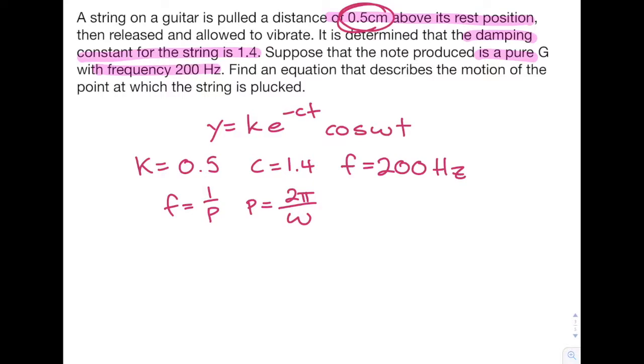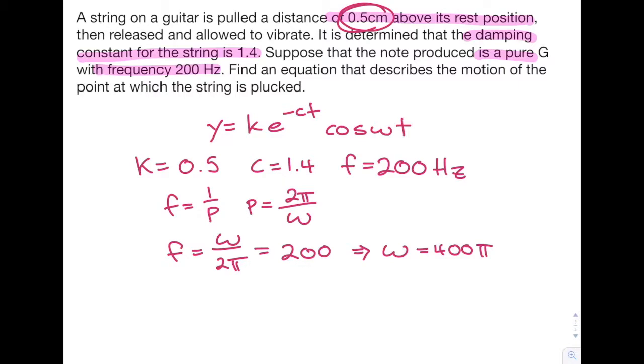So we can plug this into the f equals 1 over p equation, which would give us omega over 2 pi. And if this equals 200, this should imply that omega equals 400 pi.